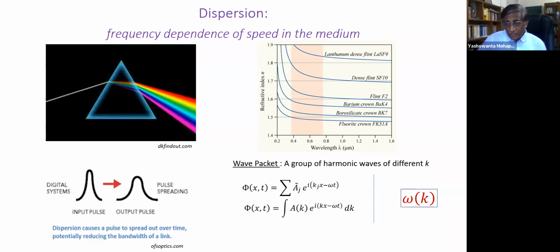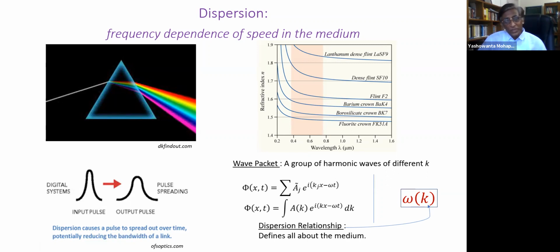But if you want to specify that the EM wave is traveling in such a medium, then you have to specify the relationship between omega and k, and that is nothing but omega as a function of k, and that is why this is called the dispersion relationship. So it defines all about the medium.